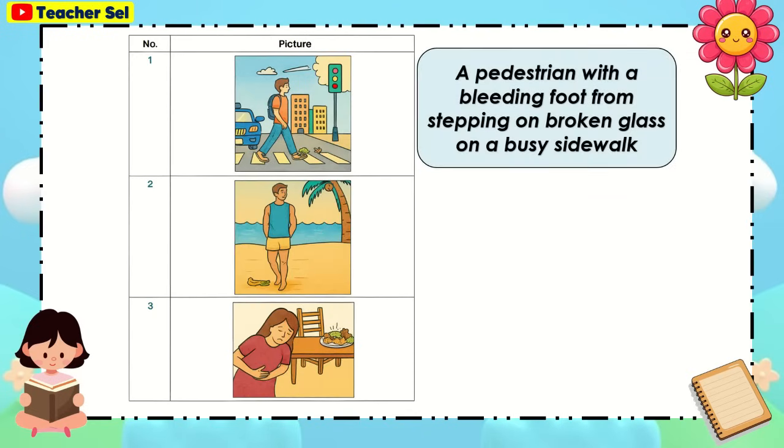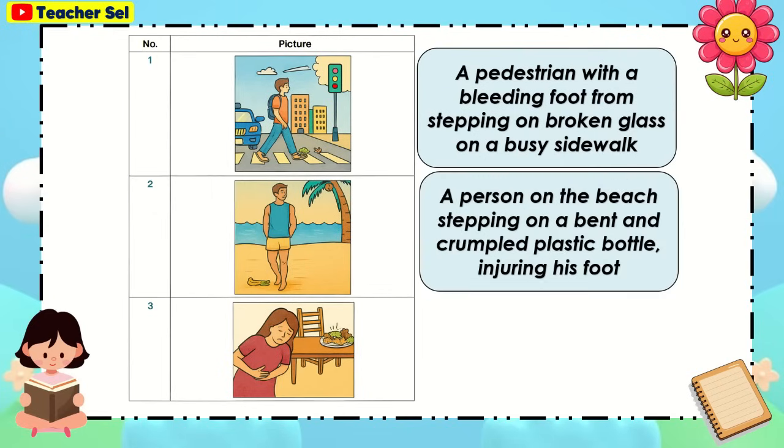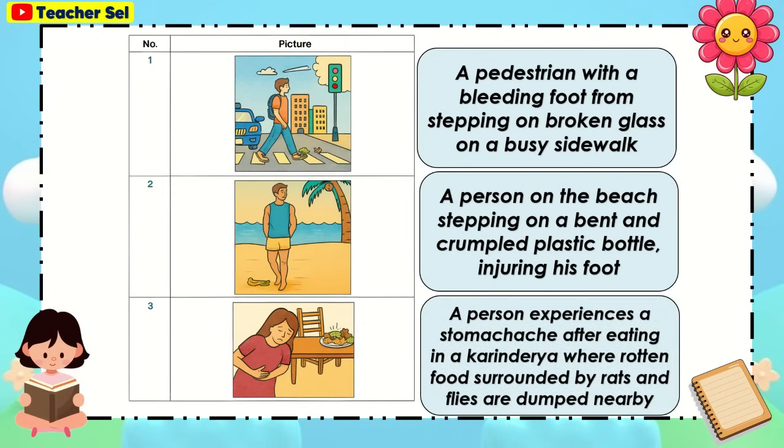Here are the pictures. First, a pedestrian with a bleeding foot from stepping on broken glass on a busy sidewalk. A person on the beach stepping on a bent and crumpled plastic bottle, injured his foot. A person experiences a stomachache after eating in a carinderia where rotten food surrounded by rats and flies are dumped nearby.